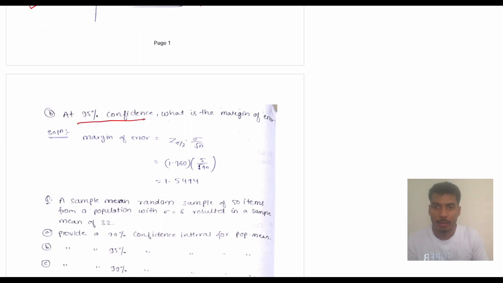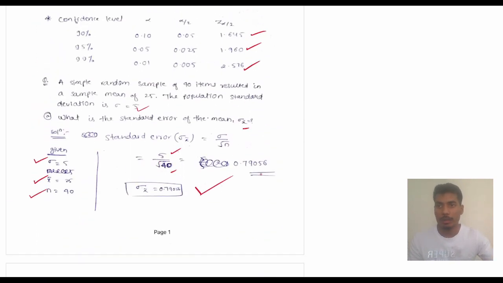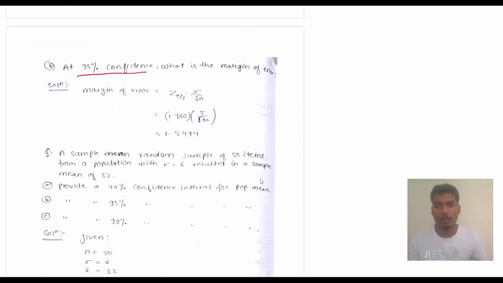At 95% confidence, the value of z alpha by 2 is 1.960. So we put 1.960 in place of z alpha by 2, and sigma we know is 5 and n is 40. After solving this, we can get 1.5494.